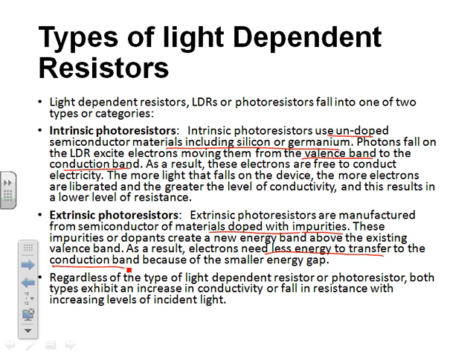Regardless of the type of light dependent resistor or photoresistor, both types exhibit an increase in conductivity, or fall in resistance, with increasing level of incident light. So for both types of material, the property is almost the same: increasing the intensity of light decreases the resistance of the material.